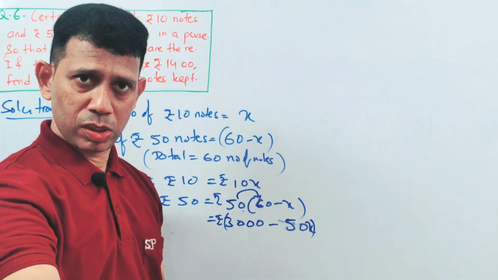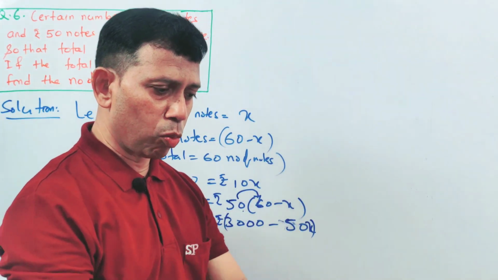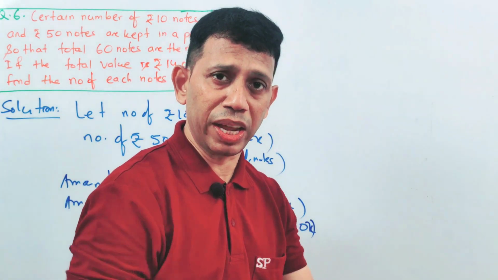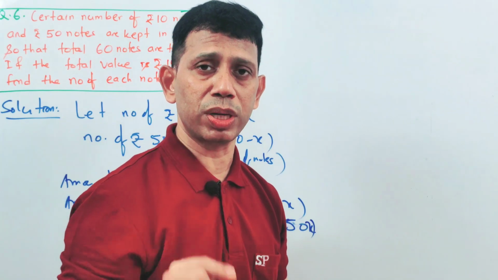1400 rupees. The amount of money with 10 rupee notes plus the amount of money with 50 rupee notes, the total in my purse is 1400 rupees.